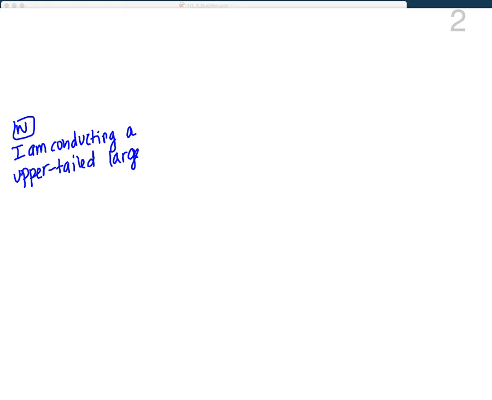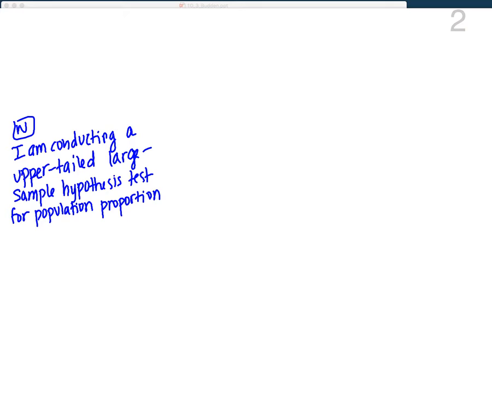The name is similar to a confidence interval, except it's called a hypothesis test and not a confidence interval. So it's going to be a large sample hypothesis test for population proportion using standard normal table.